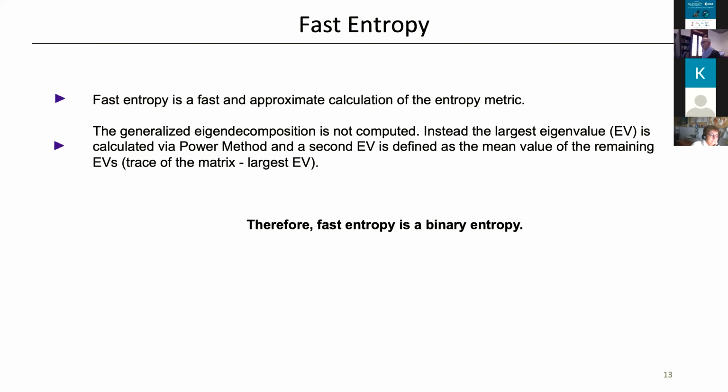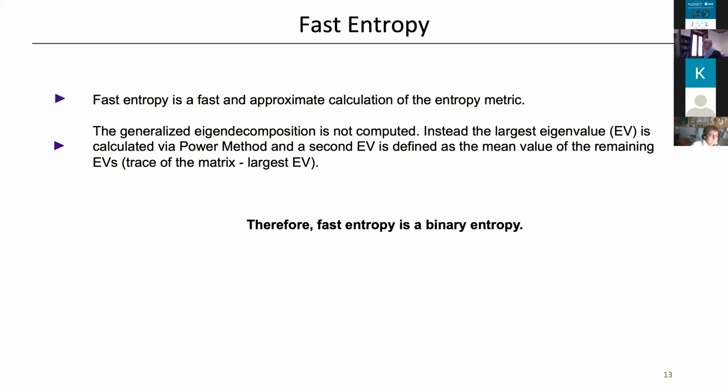In our case, we use the power method. Then we calculate another eigenvalue as the average of all the remaining eigenvalues. I want to point out that we know the sum of all eigenvalues, that is the trace of the matrix. So it is very simple to calculate the first eigenvalue with the power method and the average of the remaining eigenvalues.